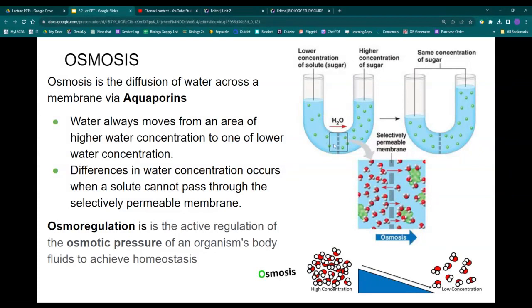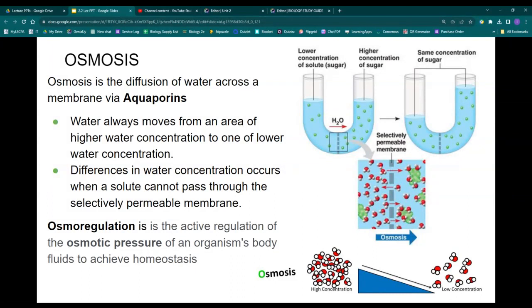But what it's doing is it's trying to spread out all of that solute. So the water moves this direction to the higher concentration of sugar side, and you end up with an even concentration of sugar on either side due to the osmotic pressure, pushing water here to kind of dilute all of those sugars.